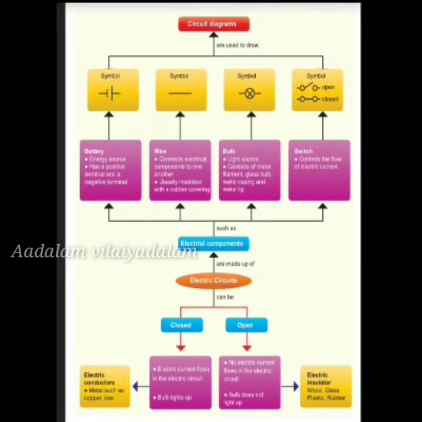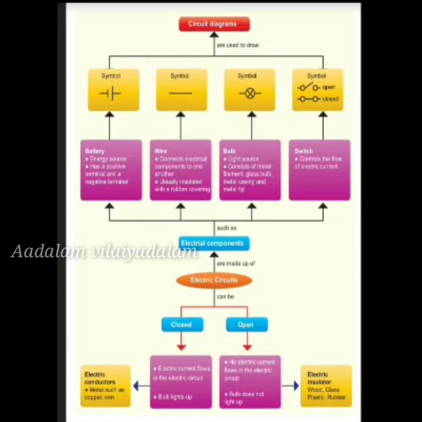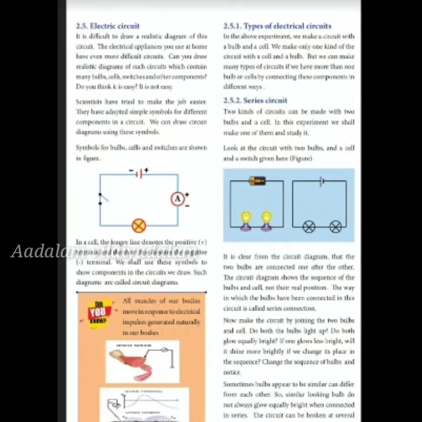When electric circuits are open, there is no electric current that passes through the wire or the circuit, and the bulb does not light up. Here, electric insulators are used: wood, glass, plastic, rubber, etc. This was your electric circuit diagram components and their symbols.